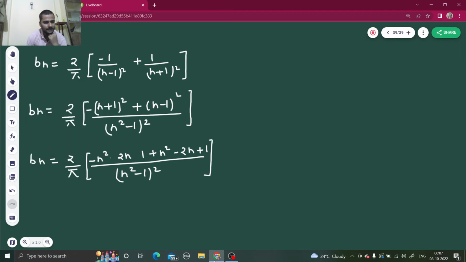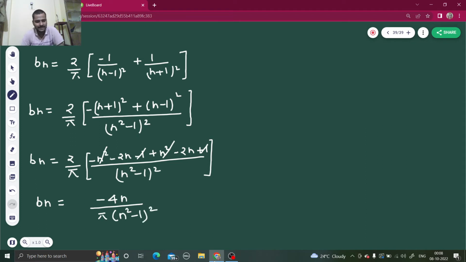So I will get minus 2n minus 1. Now if you see, n square terms cancel. So bn will be minus 4n divided by pi times n square minus 1 whole square.